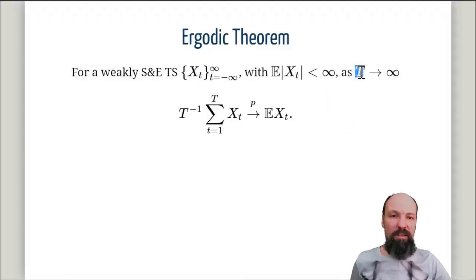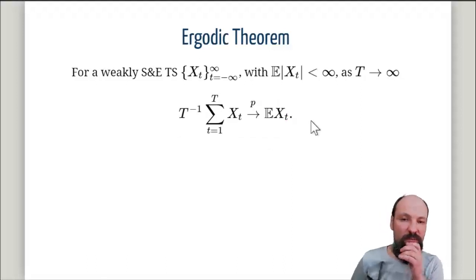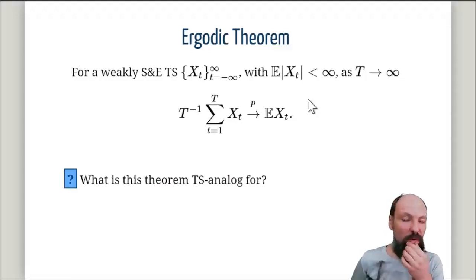then, as the size of the sample of the time series goes to infinity, the sample average, or the sample mean, of that stationary and ergodic time series converges to its long run mean, right? So what is this theorem an analog of? We just discussed it many times already, used that name many times.